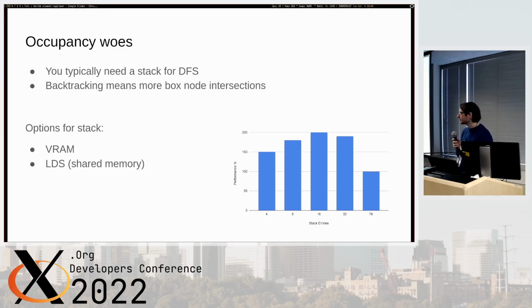We have two options for the stack on AMD hardware, because the requirement is basically that you want independent indexing per invocation, so you can't do it on registers. So we have VRAM and we have LDS, which is our version of shared memory. No surprise, LDS tends to be faster memory.